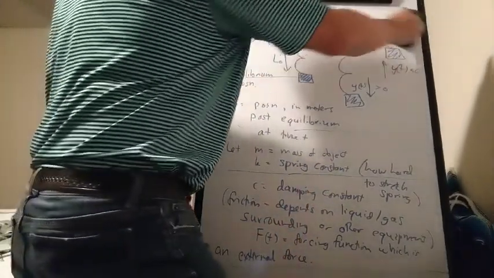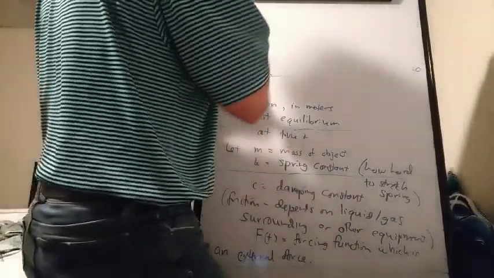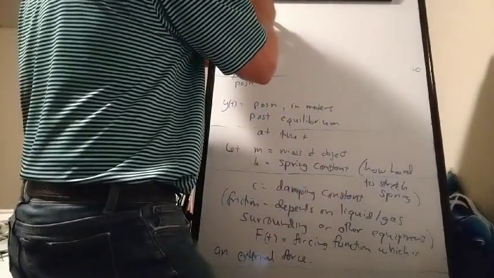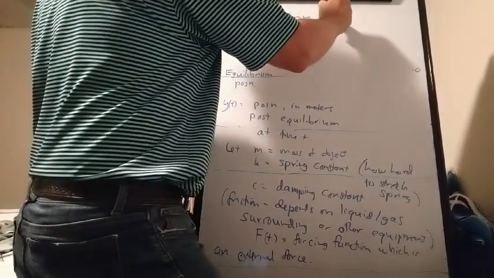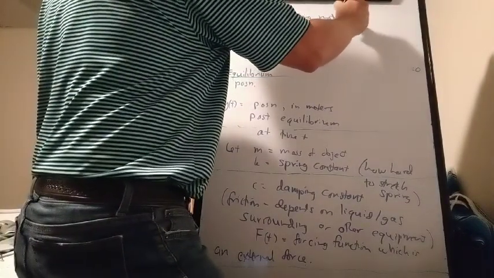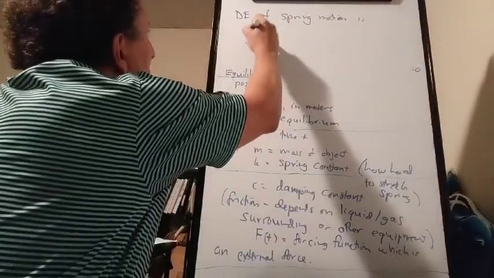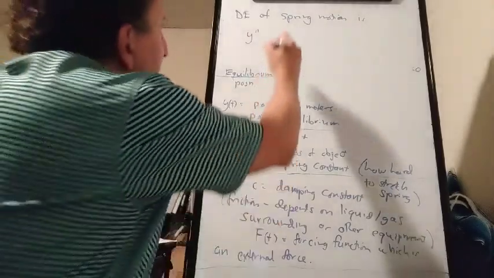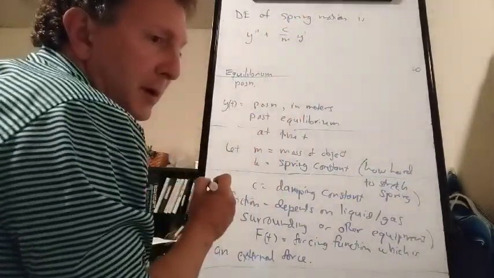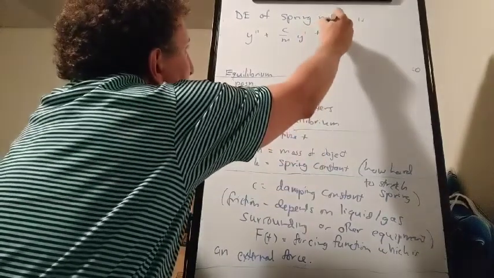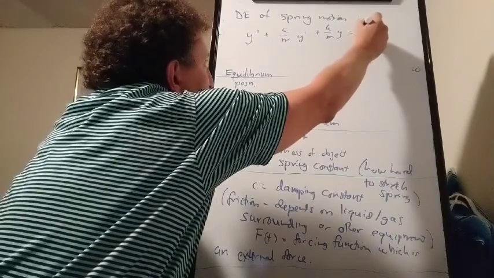So the differential equation of the spring motion is y double prime plus c over m y prime plus k over m y equals forcing function f of t.